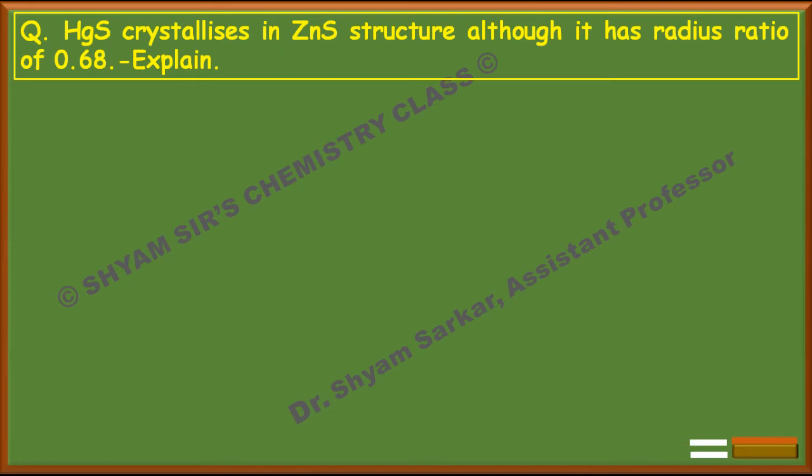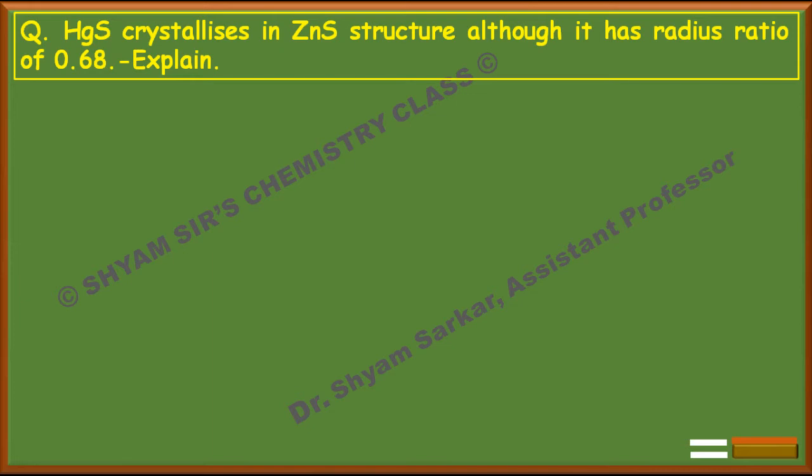So it should not form ZnS, but it crystallizes in the ZnS structure. So you have to explain why this is crystallizing as ZnS rather than as NaCl structure, which is evident from the radius ratio given, that is 0.68. So you will explain this question.